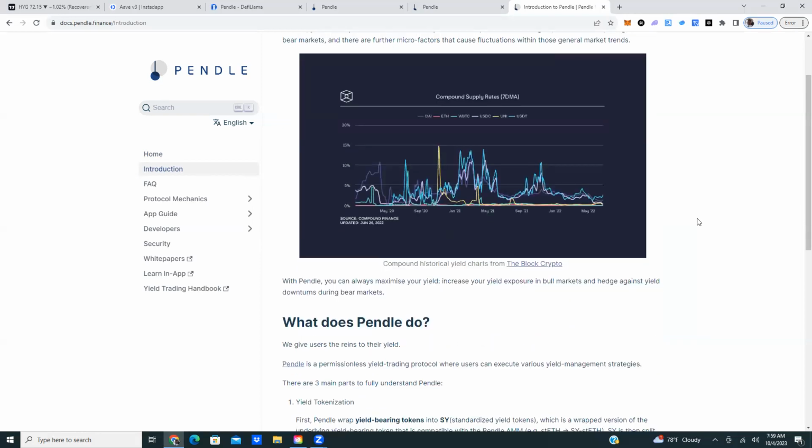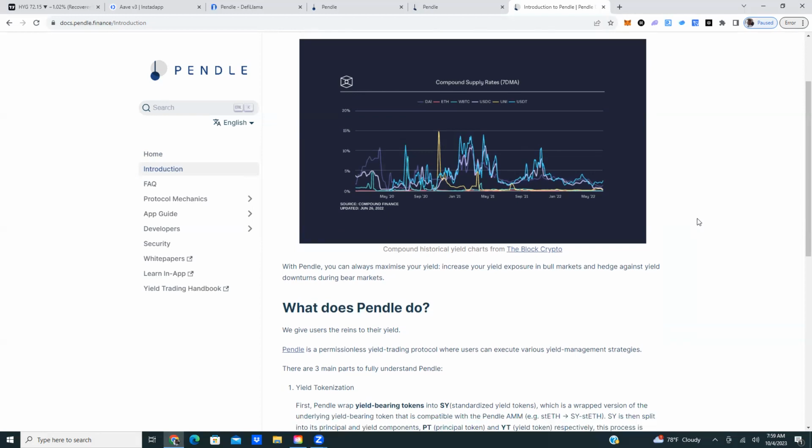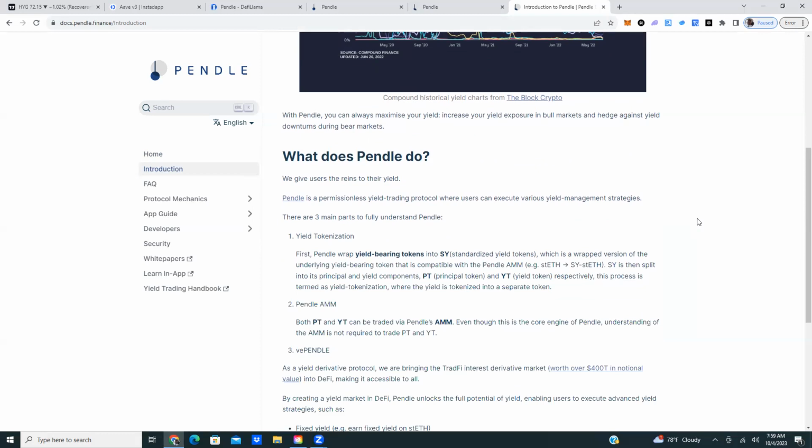With Pendle, you can always maximize your yield, increase your yield exposure in bull markets, and hedge against yield downturns in bear markets. What does Pendle do? We give users the reins to their yield. Pendle is a permissionless yield trading protocol where users can execute various yield management strategies.